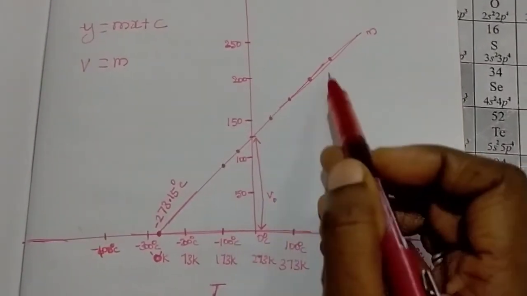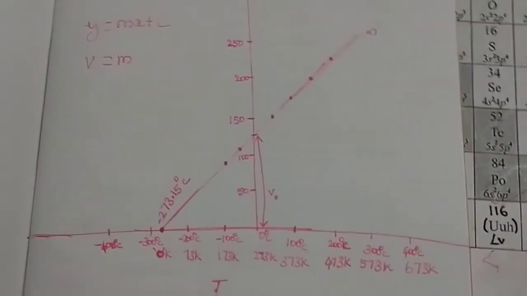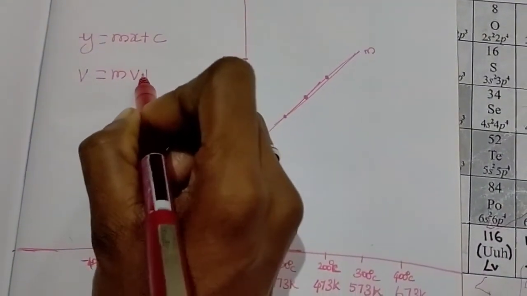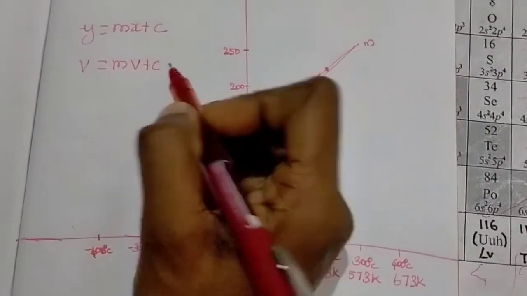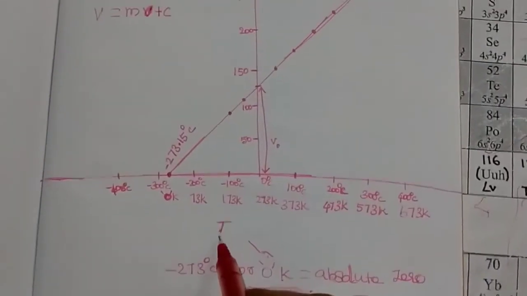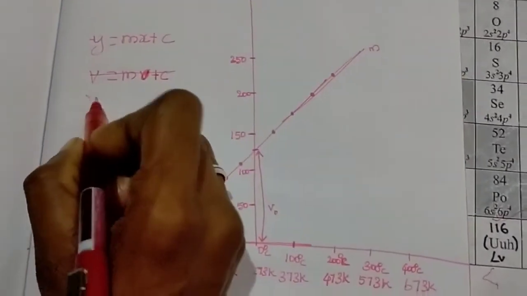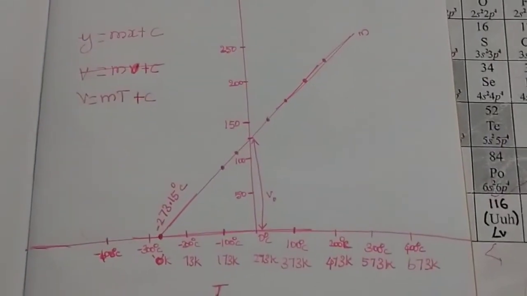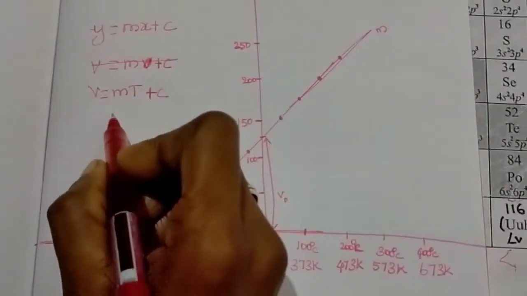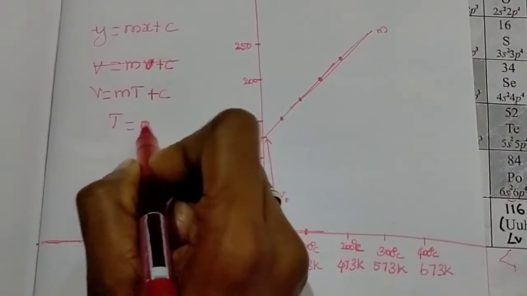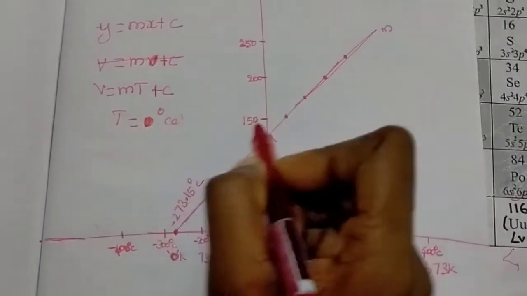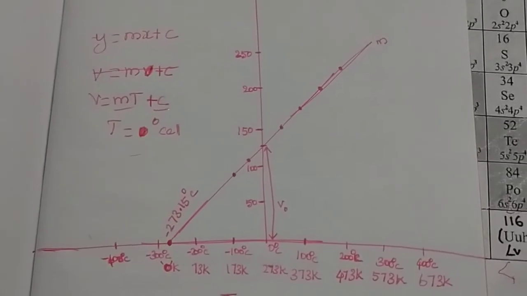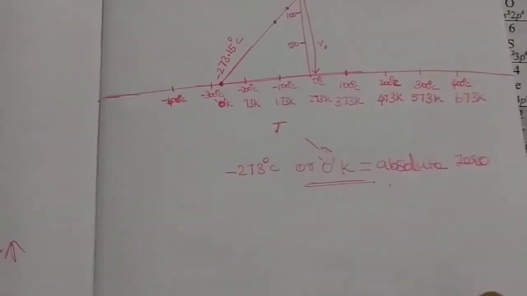On the x-axis we put T, so it becomes V equals mt plus c. We denote the temperature T in degrees Celsius, and m and c are both constants.